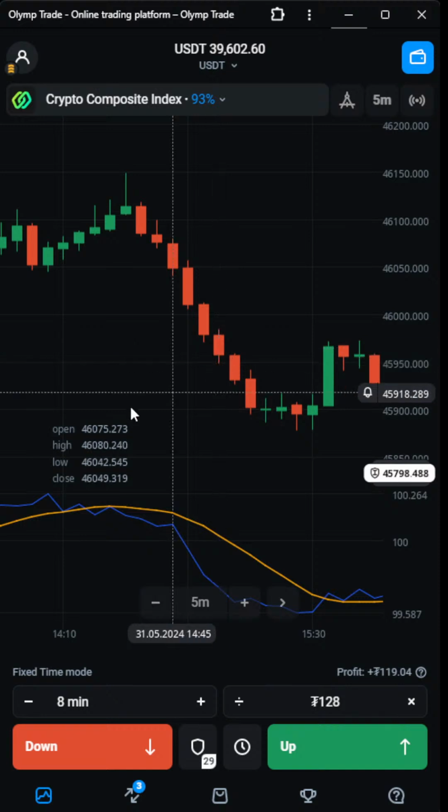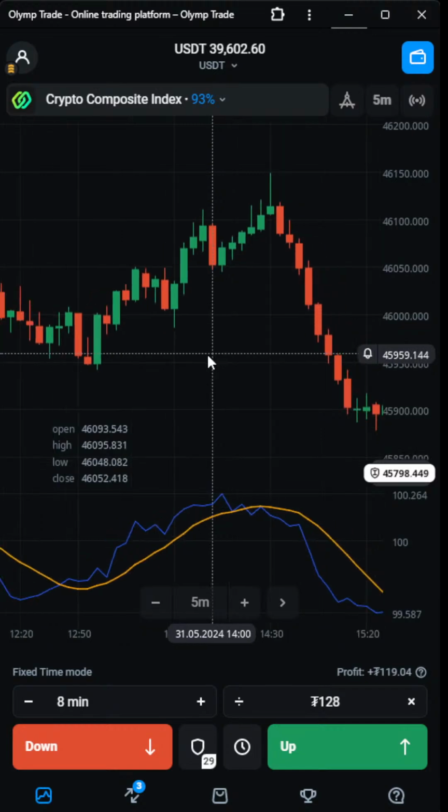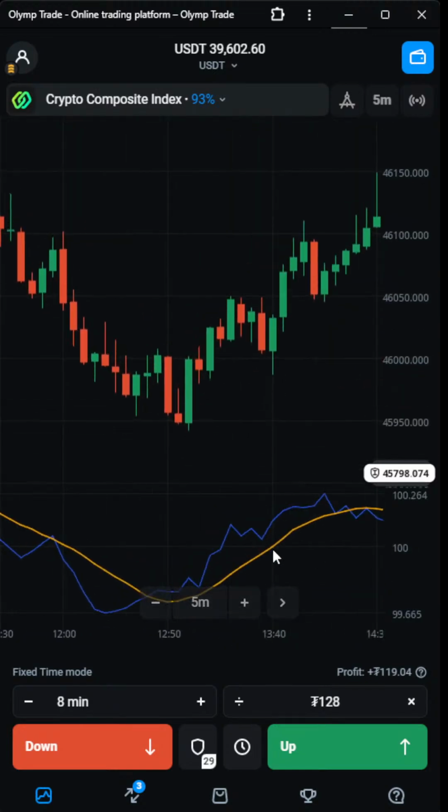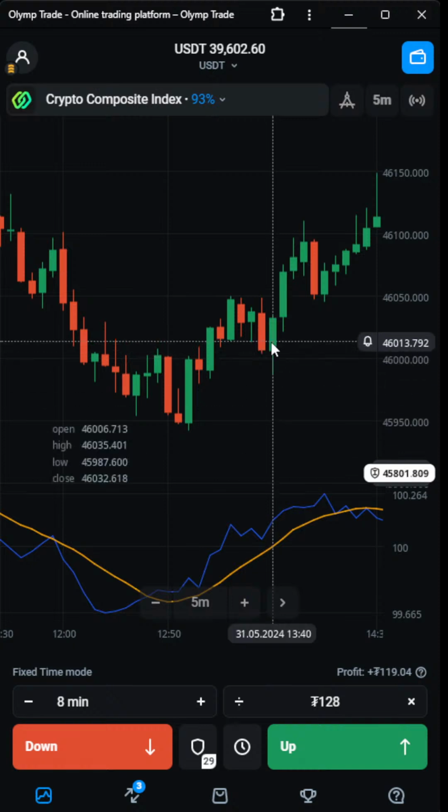That is the first way of taking the trade. See, first of all, the market was below this 100 line. As soon as it crossed this 100 line, a green candle appeared, and here we could have taken a trade in the upward direction. That could have been an easy profitable trade for us.